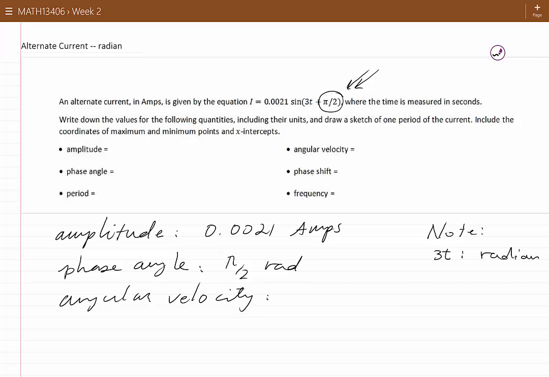Since t has the unit of second, as mentioned in the problem, 3 should have the unit of radian per second.